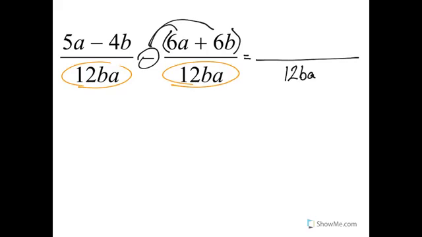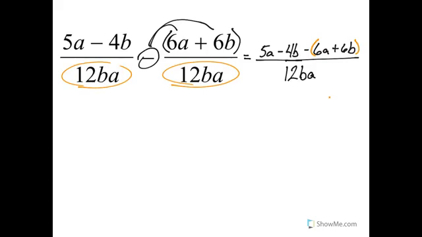You are allowed to skip this step as far as I'm concerned, but I'm going to show it. What this ends up being is 5a minus 4b from the first set of parentheses minus, here's the mistake a lot of people make, they would do this. Well, if I have it looking like this, then only the 6a is going to get the negative sign, but it's actually both.